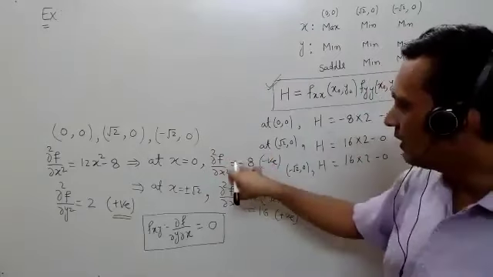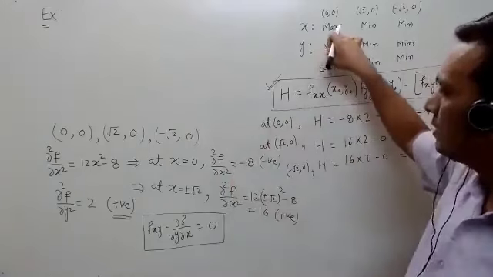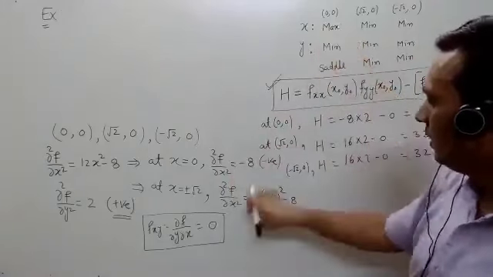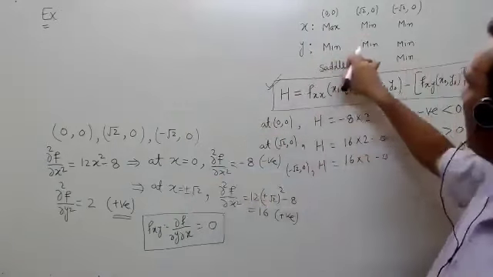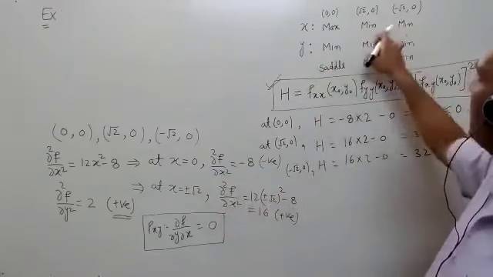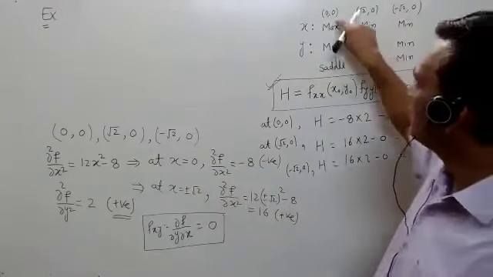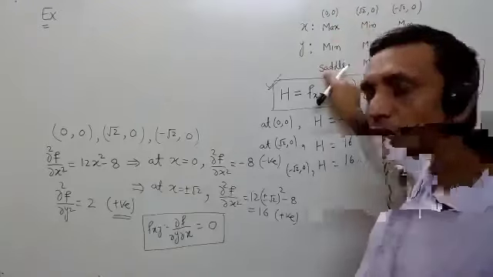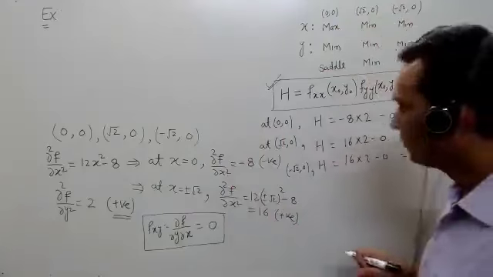For example, at 0 the value is negative, negative means maxima, and y is always positive, so I have written it minima. And for root 2, this is a positive value, so I have written it minima. So when both are minima, you will get a minimum point. When one is maxima and the other is minima, you have a saddle point. When both are maxima, you will get a maximum point. That is the condition.